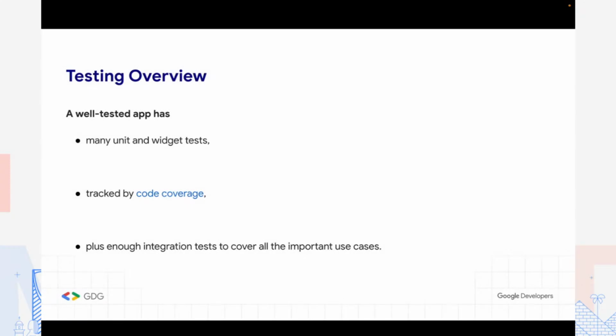So, a well tested app will have many unit and widget tests. It will be tracked by code coverage, that is the ratio of the expected output and the test cases that you write. Plus, there will be enough integration tests to cover all the important use cases.